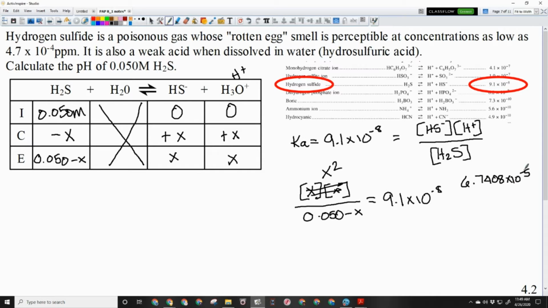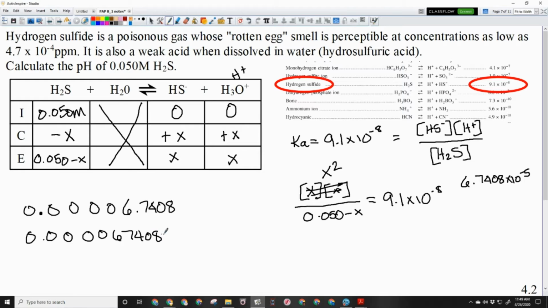See, this is a very small number. If I were to write that out in standard notation, it's 10 to the negative 5th, so 1, 2, 3, 4, 5. It's this number: 0.000067408.